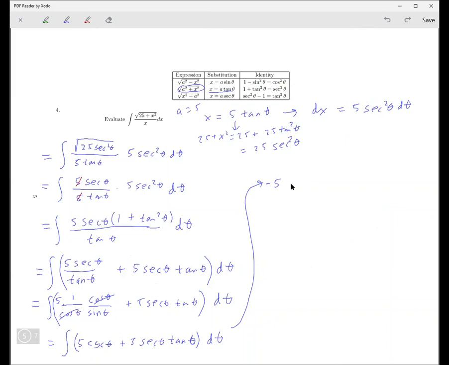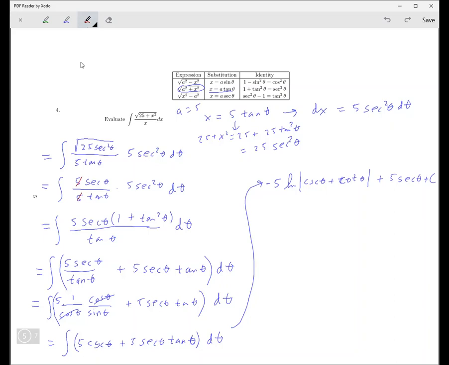So that one's going to be negative log of cosecant plus cotangent theta. And then this one, of course, is just secant theta. And then we have a plus a constant. So if it's an indefinite integral, you have to remember to add a constant on.